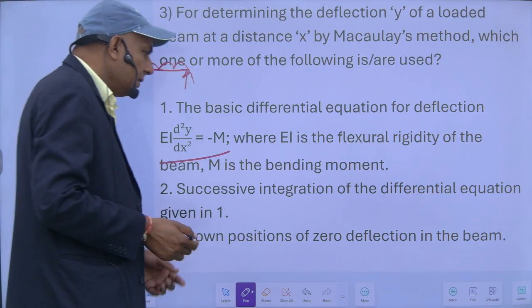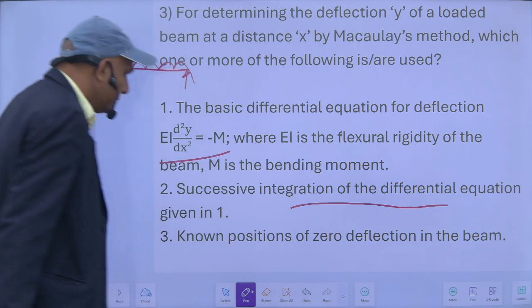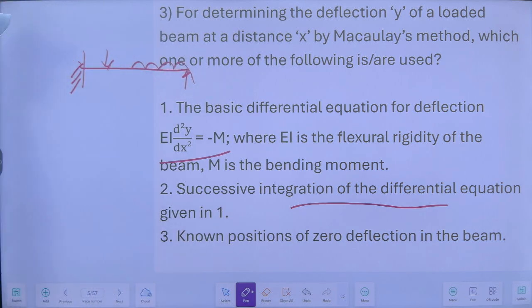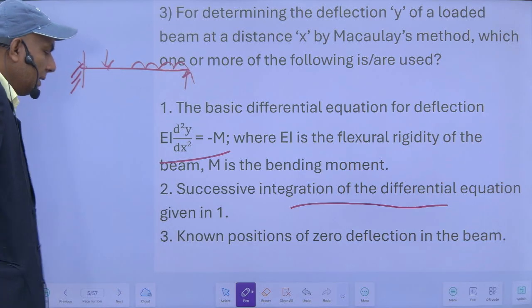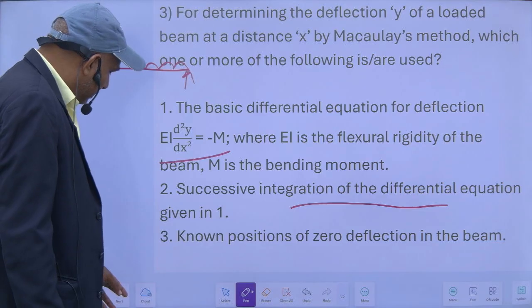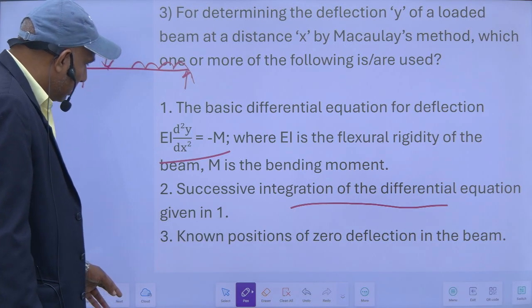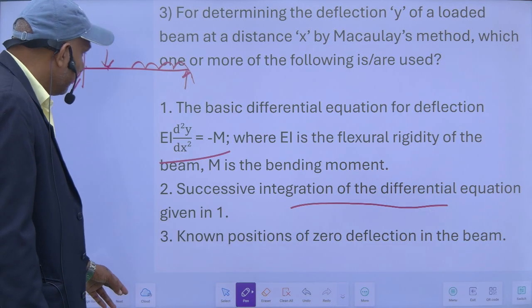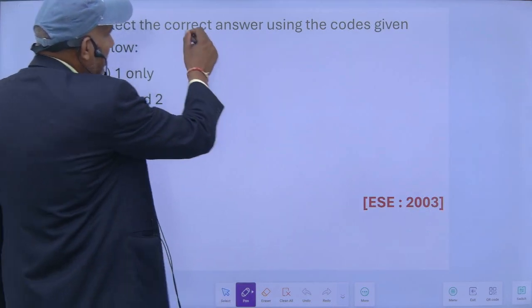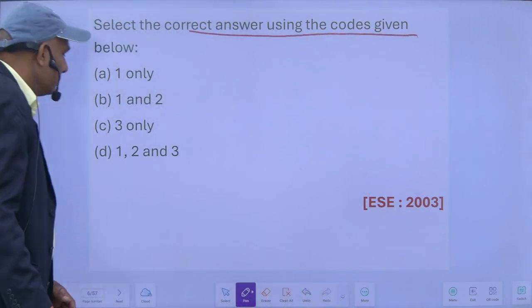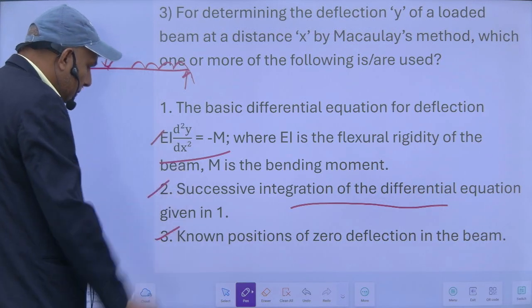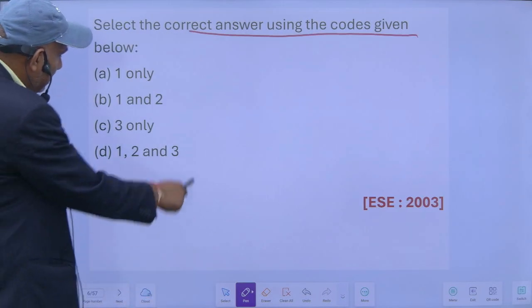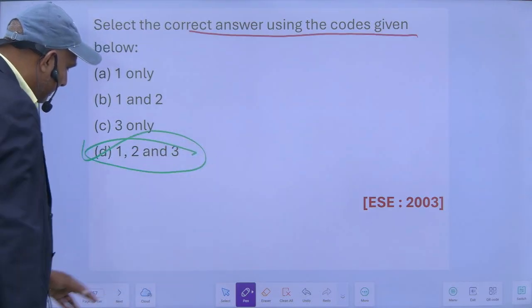Successive integration, yes, it is basically a double integration method. Known position of zero deflection means deflection at this point is 0. All this we take into account in Macaulay's method. So select the correct answer using the code given below. All are correct, so this option is right.